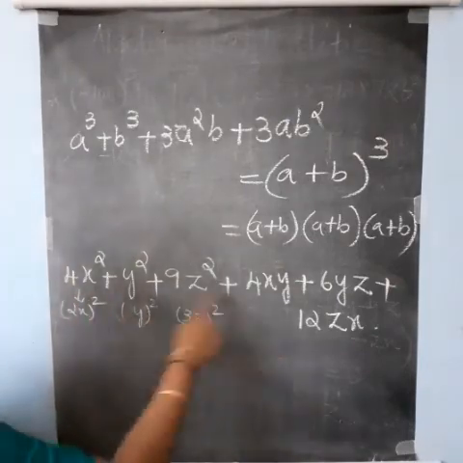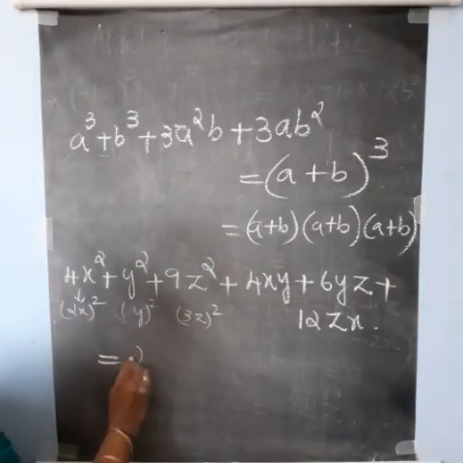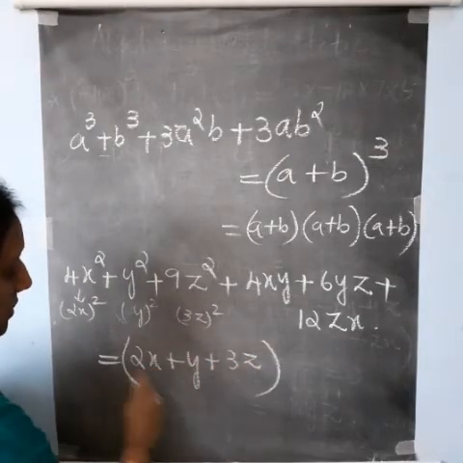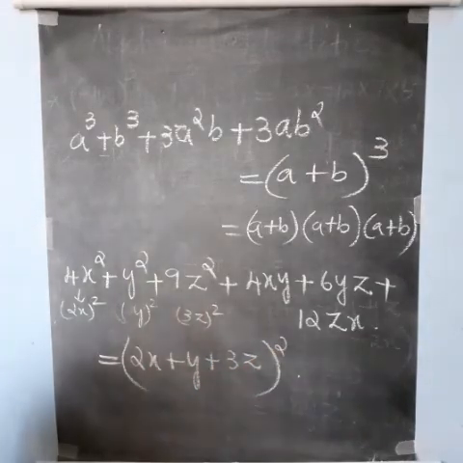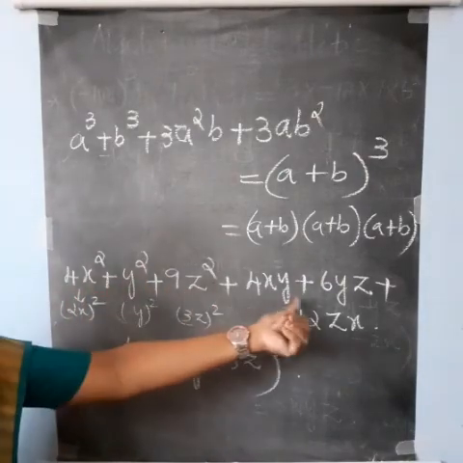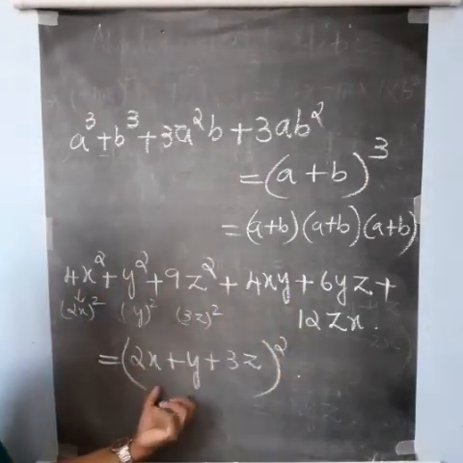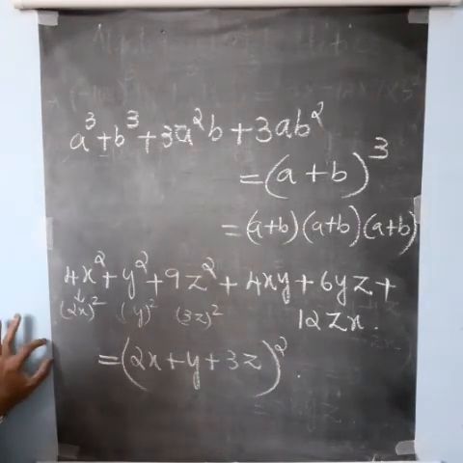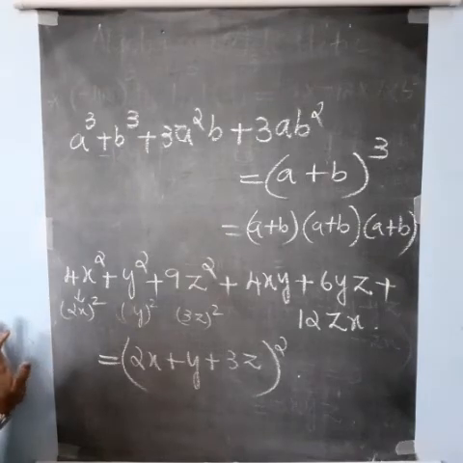So what can I write this whole thing equal to? 2x plus y plus 3z the whole square. So in this case, we have shrunk the expanded form to the factors. Have you understood? So these types of sums can also be asked in this chapter.